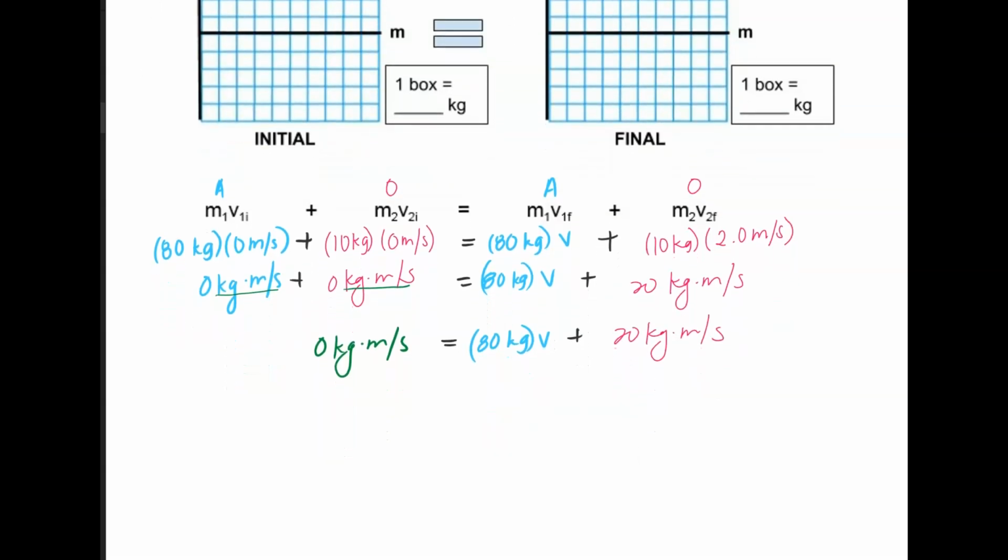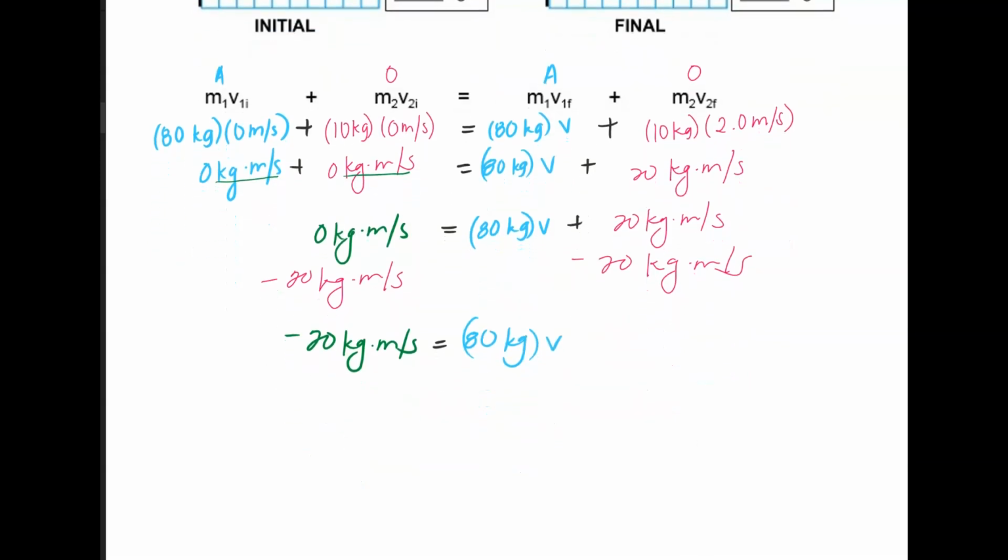And then from here, we can subtract 20 on both sides, and we get negative 20 kilograms times meters per second is equal to 80 kilograms times velocity.